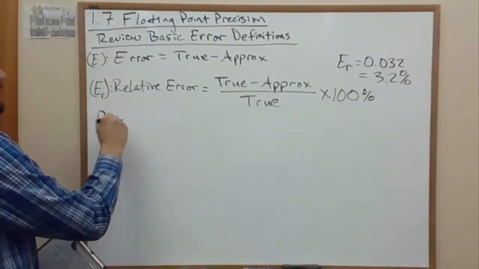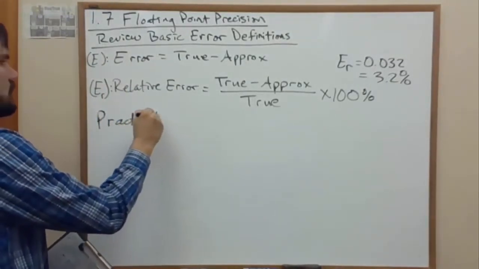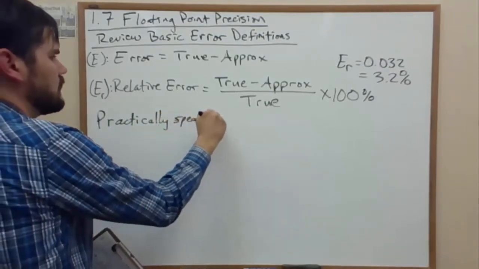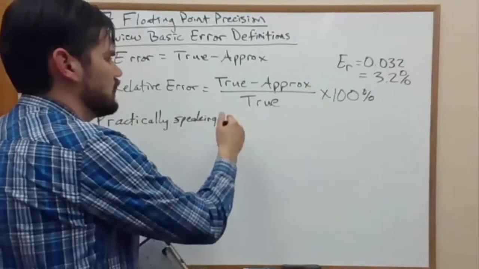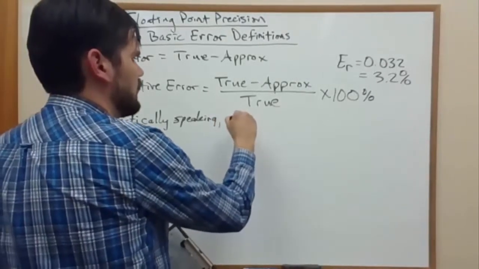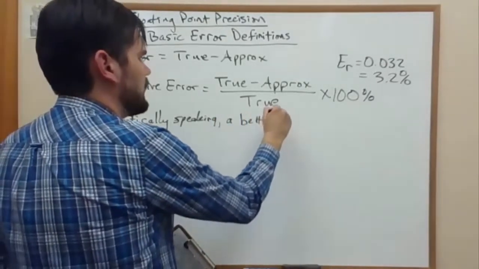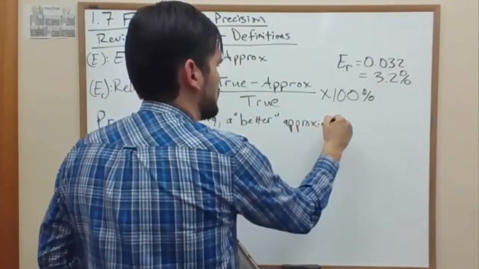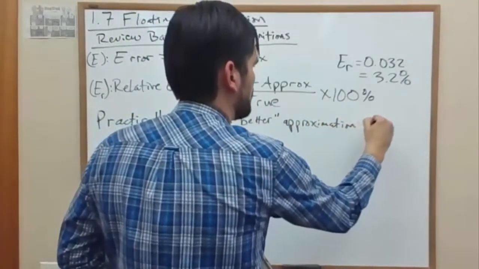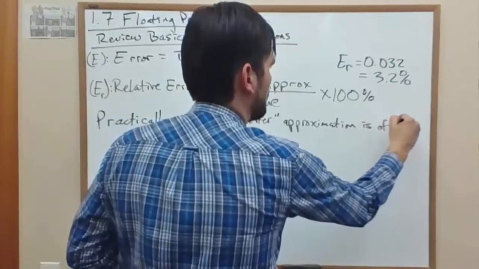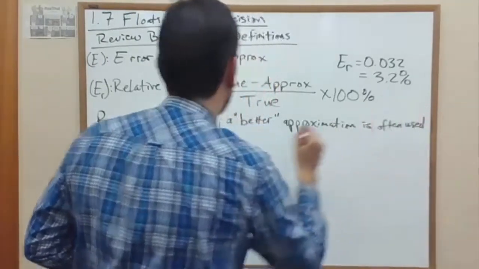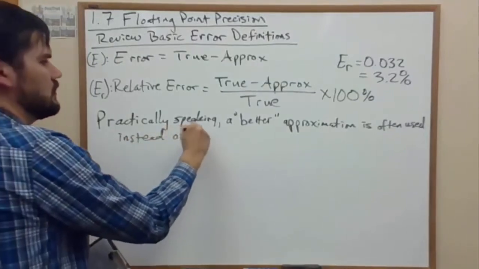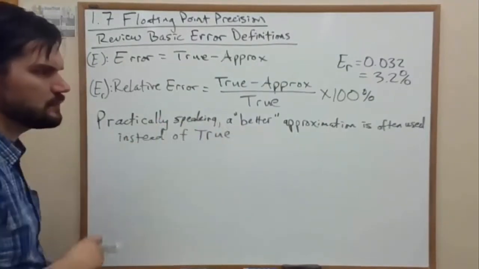That practically speaking, a better approximation is often used instead of the true value.